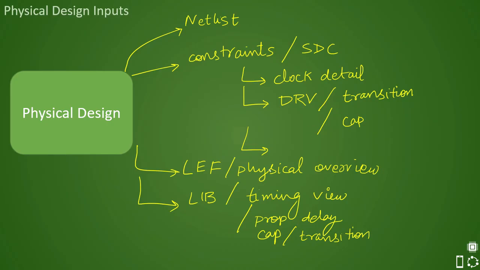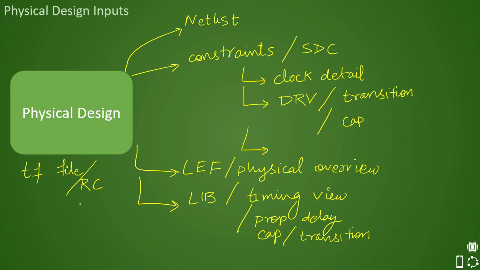Next common input is your technology file, that is also called the TF file. So the TF file contains technology related information like what are the resistance and capacitance values for each metal layer, what are the spacing rules, what are the colors of metal that are going to be present, and what are the width and pitch for each metal layer.